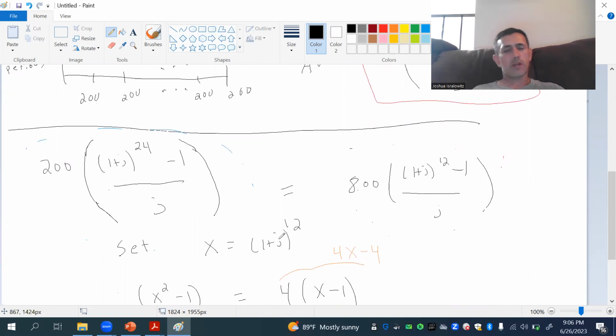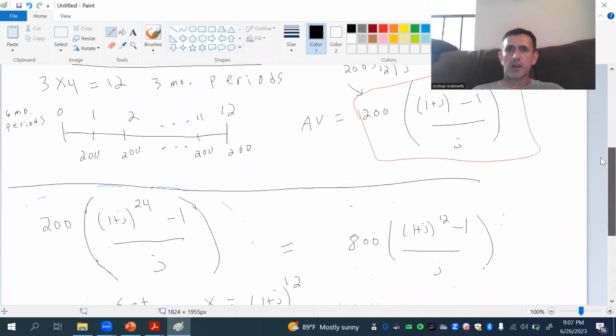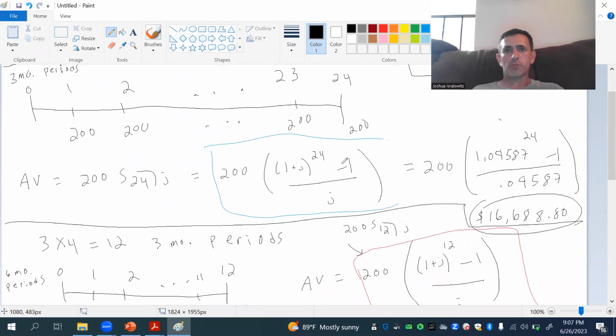Set x, or I think in the solutions that I'll put up once we're done with homework, I put s because x was already used before, but whatever. Set a variable to be, in this case, 1 plus j to the 12th. It'll be a little different than the homework, and just get an easy quadratic to solve. You get j, and that's enough to get what you want. Just plug into your formula here.